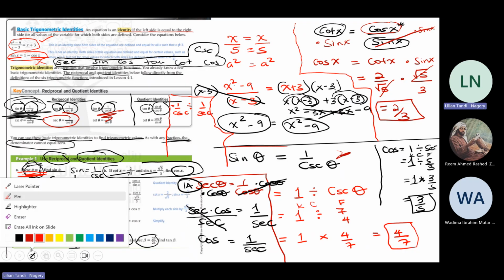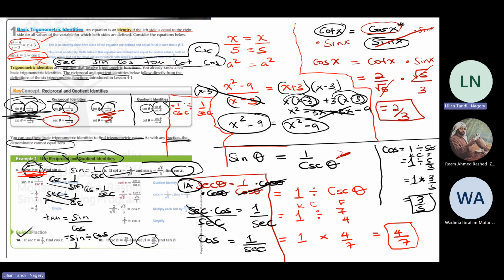Yes. The rule we learned in grade 3 and 4 for dividing fractions: keep, change, flip. So we will keep 1 over cosec. We will multiply by secant over 1.